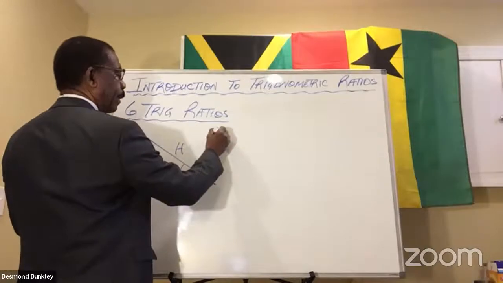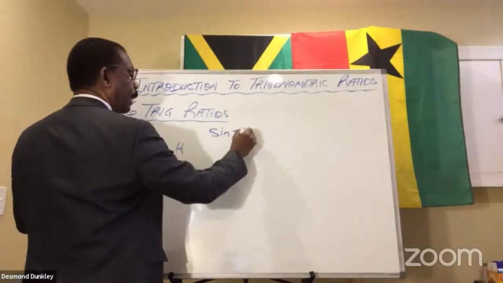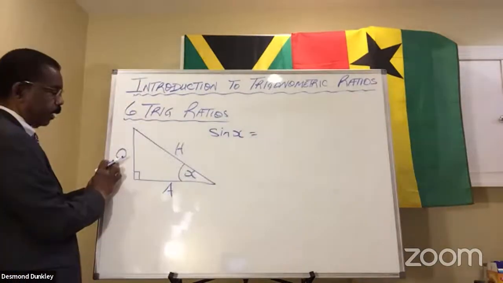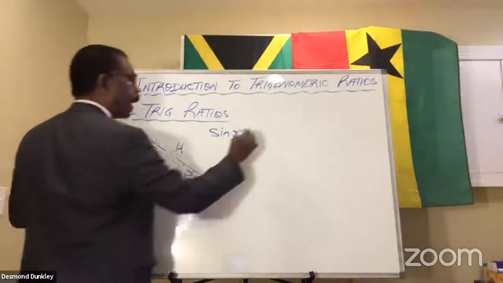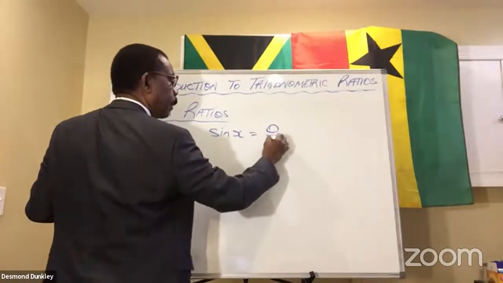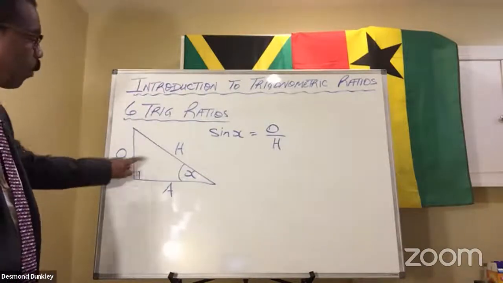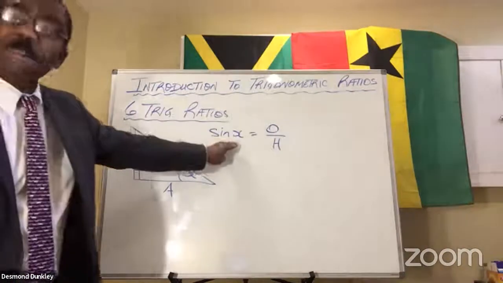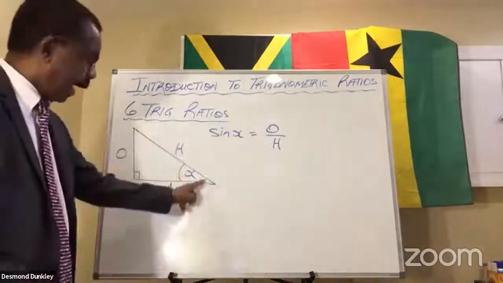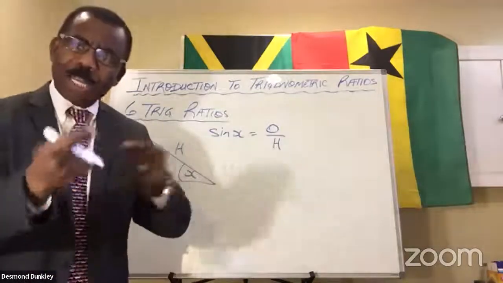Well, sine of x is always equal to opposite over hypotenuse. So whatever this measurement is, that number over this number is the value of sine of the angle. So that's the ratio you're getting for sine.